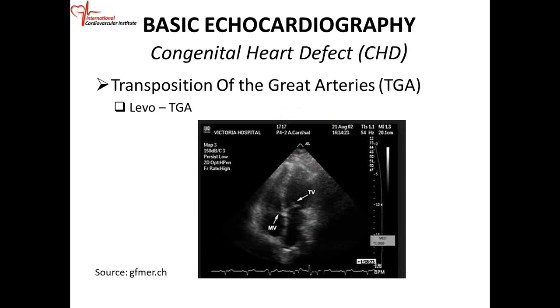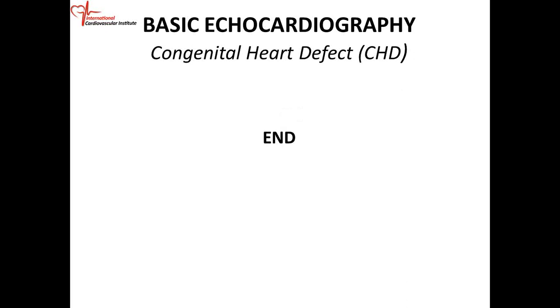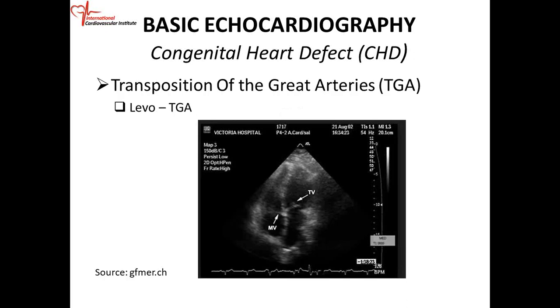Right away, you can make your diagnosis. But the RV is going to fail because it's not accustomed to pumping blood into a high pressure area. So if you have that basic concept, I think you won't go wrong, and you can work out the other things that will follow.